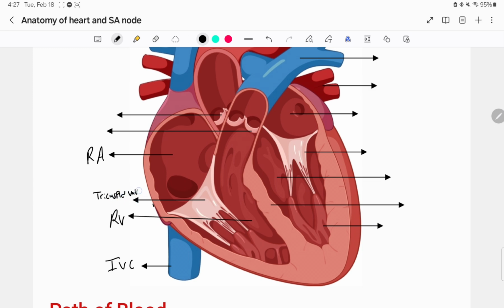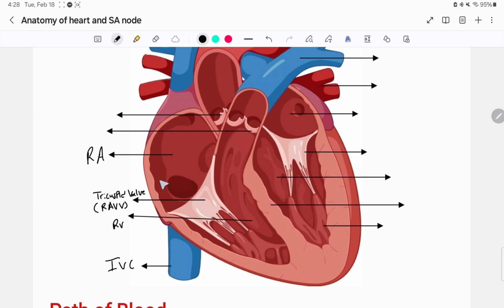Tricuspid valve. Okay, let's write it like this. And sometimes you might see it written as the right atrioventricular valve. Okay? So the right, because it's on the right side, atrioventricular valve, because it's separating the atrium and the ventricle, okay?